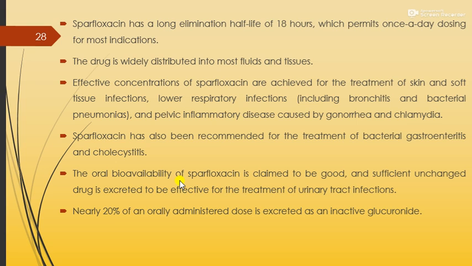The oral bioavailability of Sparfloxacin is claimed to be good and sufficient. Unchanged drug is excreted in amounts effective for the treatment of urinary tract infection. Nearly 20% of an orally administered dose is excreted as active glucuronides.